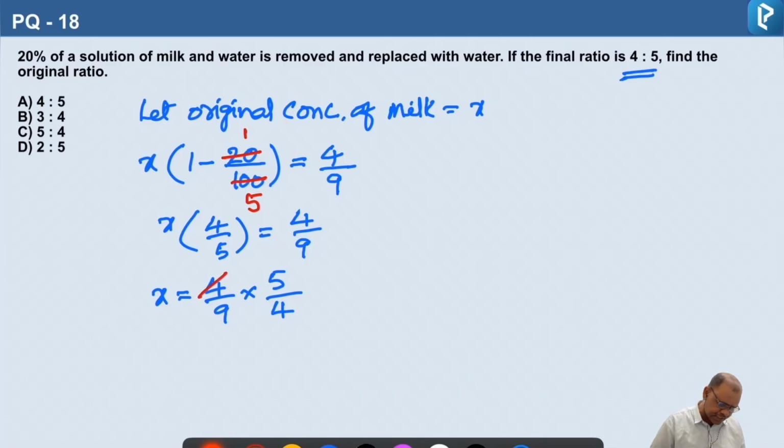The 4 gets cancelled, and the remaining is 5 by 9. So in the original concentration, there are total 9 parts, and out of these 9 parts, 5 parts is milk.